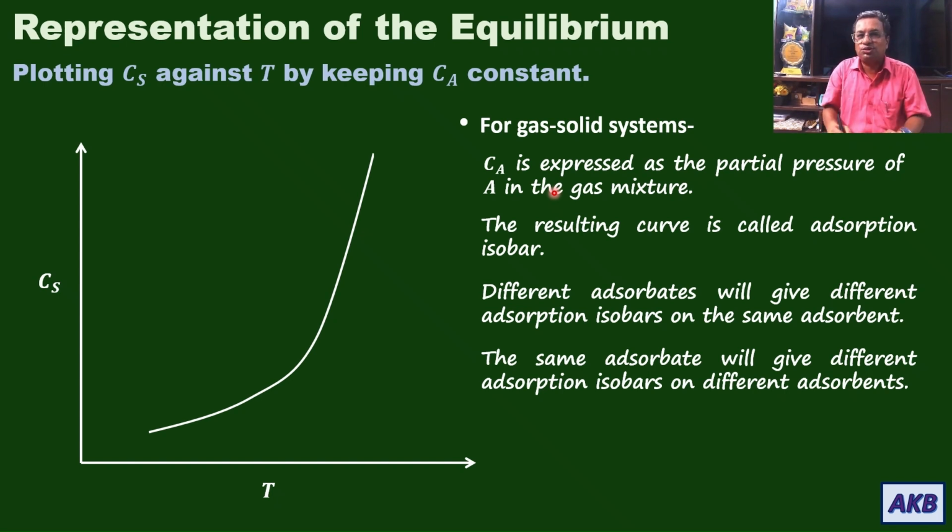And you must have understood that in adsorption isotherms, concentrations of the adsorbate in the fluid phase and on the surface of the adsorbent are plotted against each other at constant temperature. This is the commonest way of representing adsorption equilibria. So in my next video, I will be talking about different types of adsorption isotherms.